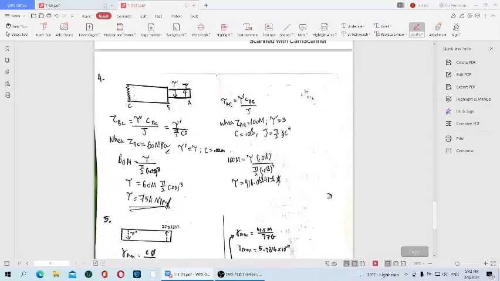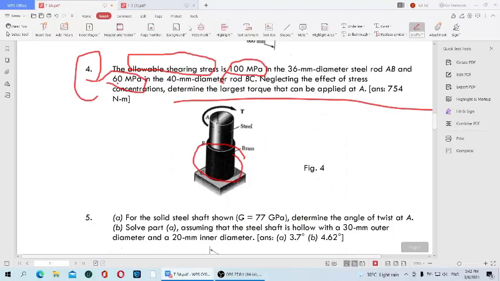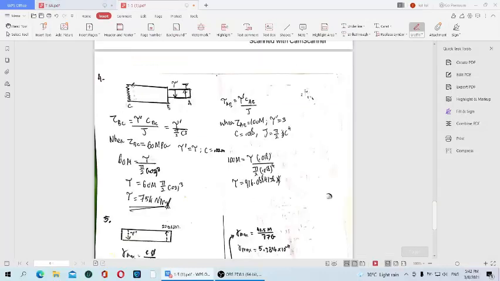So let's go through the problem solving. As usual, you need to have an FBD for the entire system. Cut your object from the support, which is what I'm doing here.